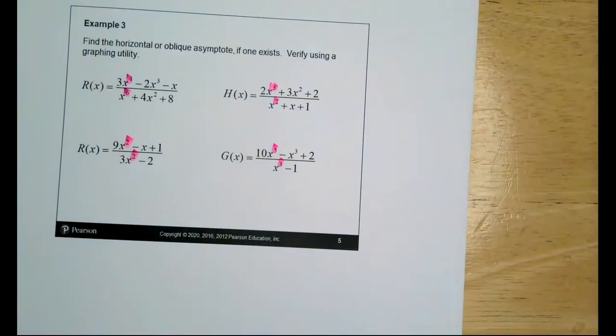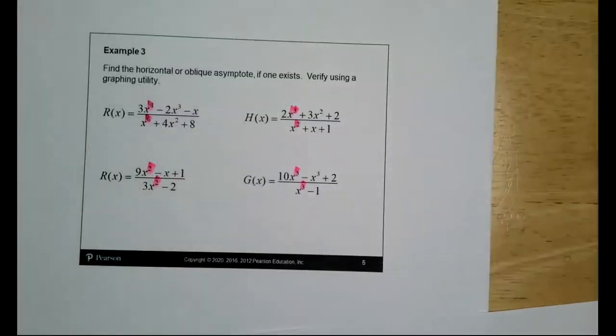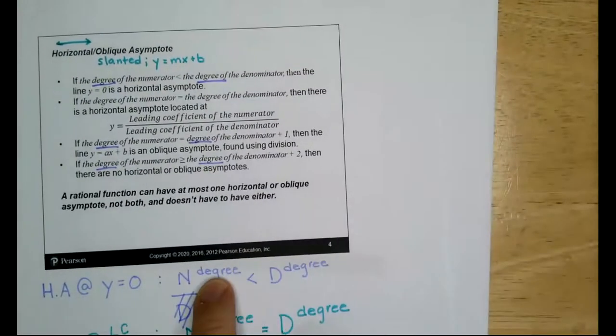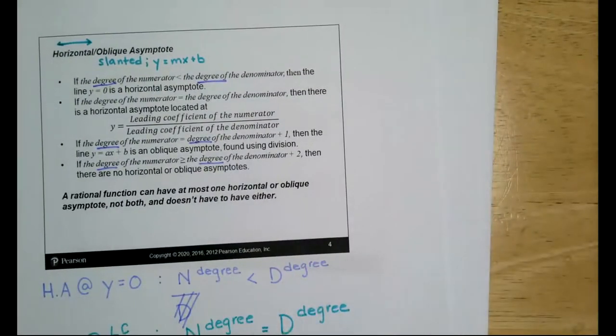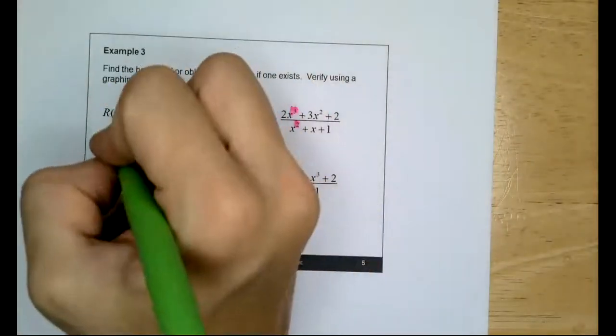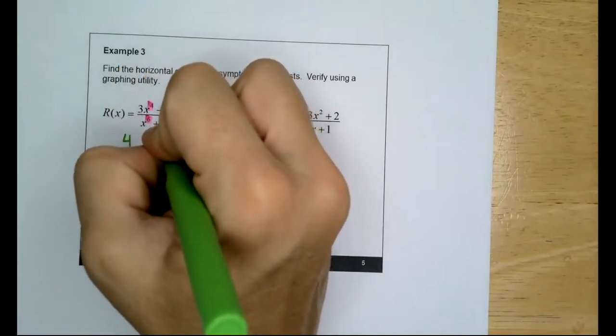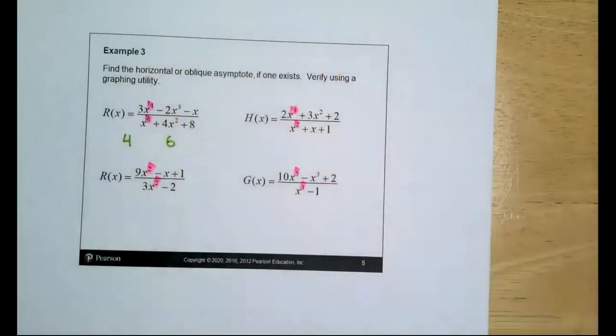So our first one, analyze degrees, decide which of these it matches best. Our first one is 4 and 6. The degree of the numerator is 4. The degree of the denominator is 6, right?